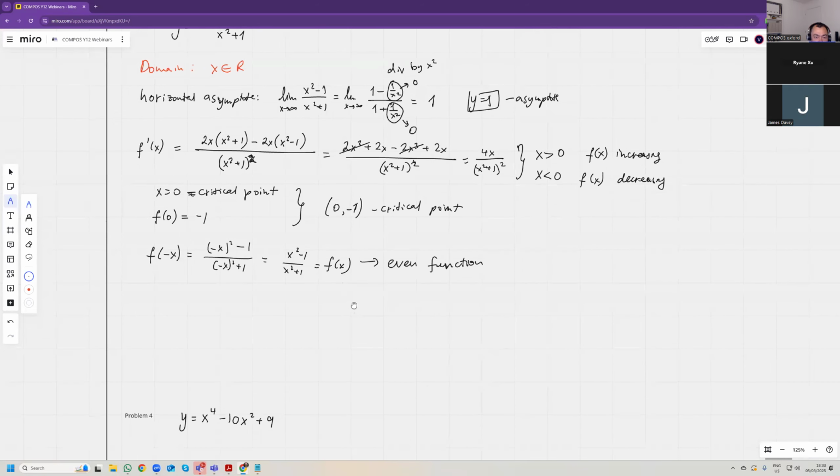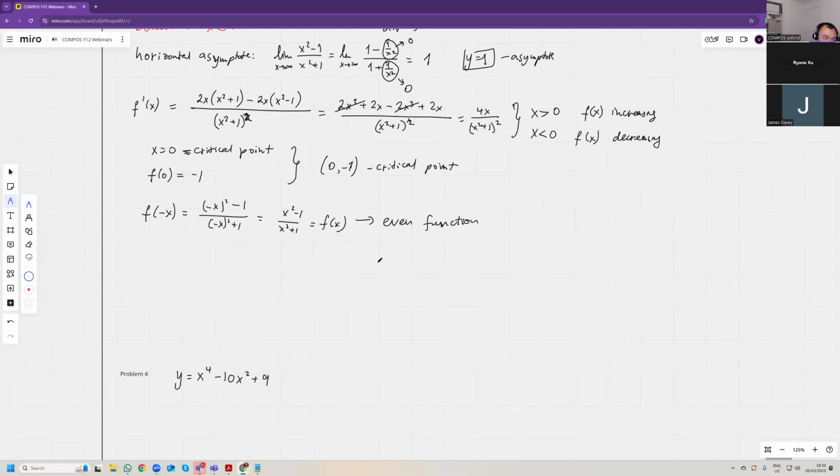Should we find any points of inflection? Oh yes, let's. So f double dash of x is 4 multiplied by x squared plus 1 squared, minus 4x multiplied by 2 times x squared plus 1 multiplied by 2x, over x squared plus 1 to the power of 4.